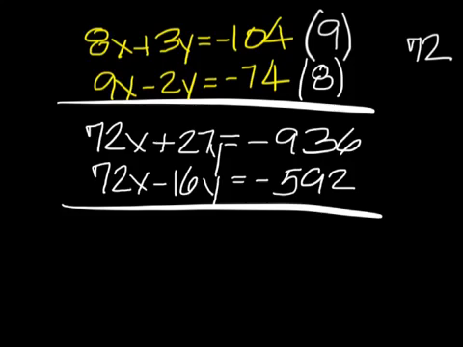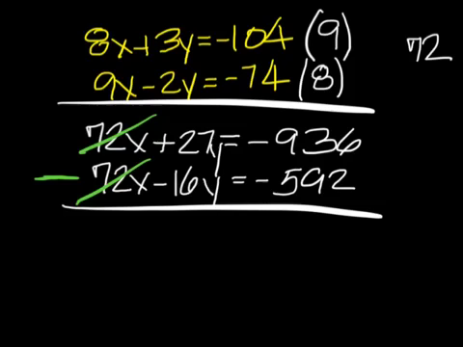The purpose of getting two numbers that are identical in the spot next to the x's, which is the coefficient, is so that when you get to this spot here, you can subtract. And when I subtract, what happens to 72x minus 72x? 0. So they cancel out, and that's what we want.